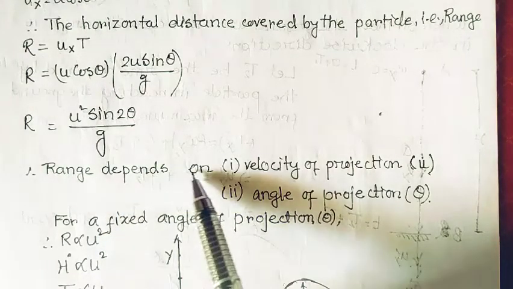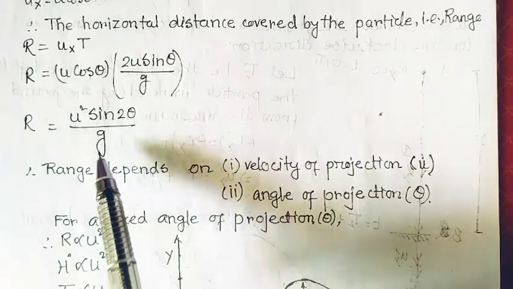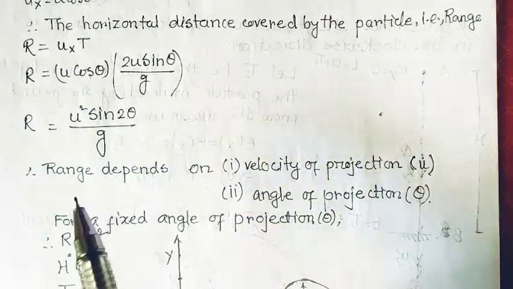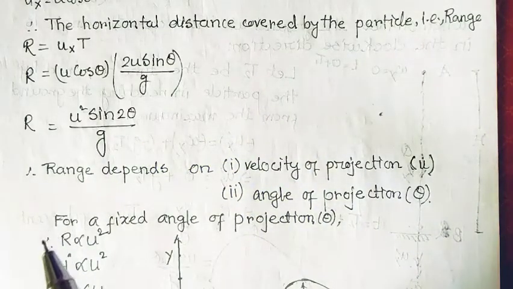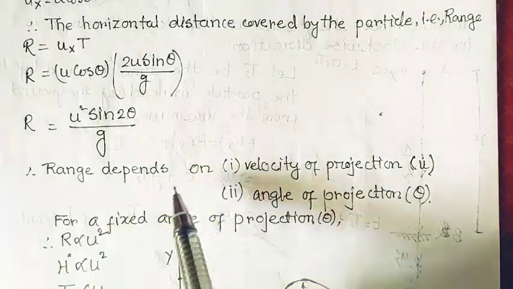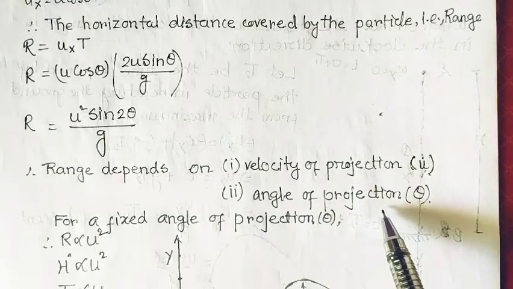Therefore, the range depends on two variables, because g is constant here, acceleration due to gravity we have considered constant here. So we can analyze all of the motions along one dimension under constant acceleration. So range depends on the velocity of projection, and range depends on the angle of projection theta.